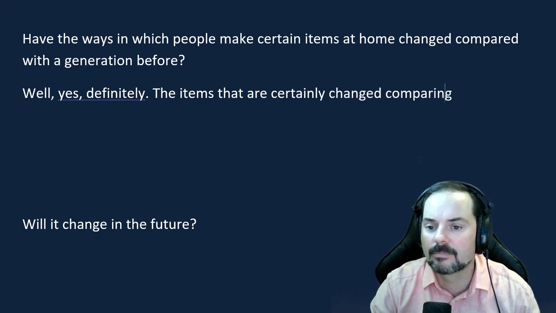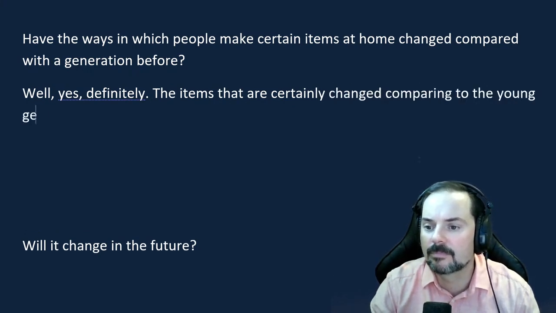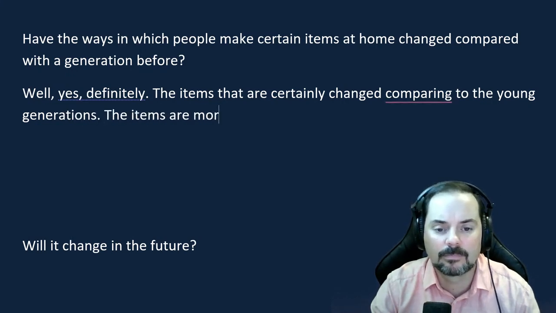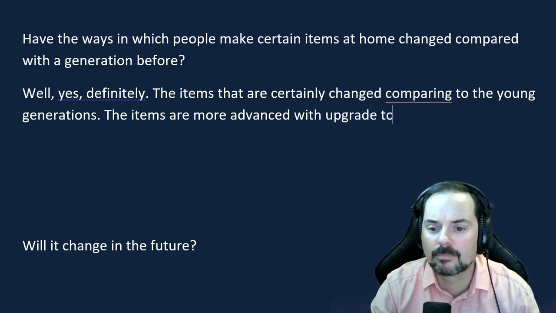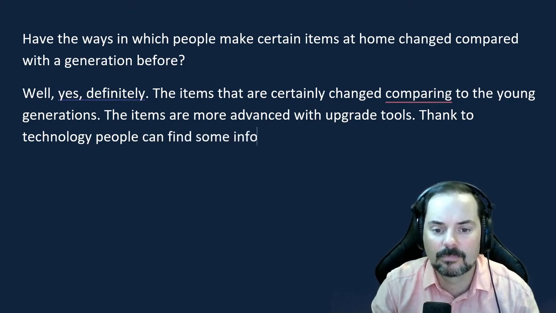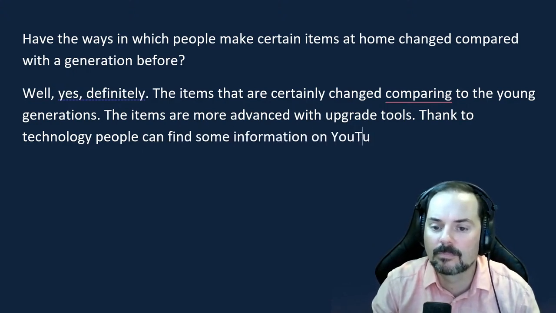The items are more advanced with upgraded tools and modern stuff, and thanks to the modernization of technology, people can find some suggestions and strategies on YouTube or on the internet, and find new ways of making the items themselves.